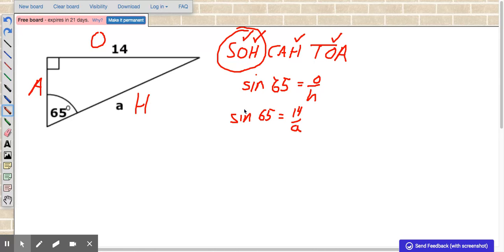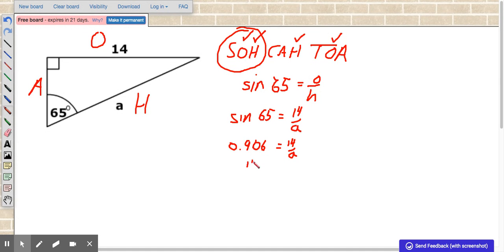First things first, we're going to work out what sine 65 is. So here's my calculator. Sine 65 equals 0.9063. Okay, round that to 3 decimal places. It's 14 over A. Now, my algebra skills tell me that I want the letter to be on the left-hand side.